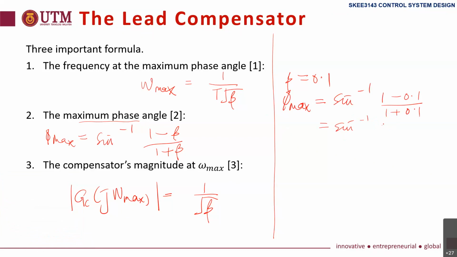If we calculate, it becomes 0.8181. And the inverse sine is 54.89, 54.9 degrees.